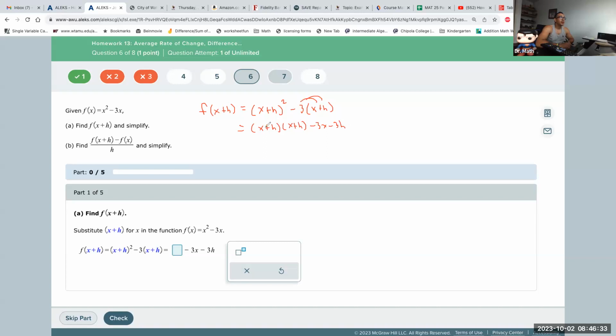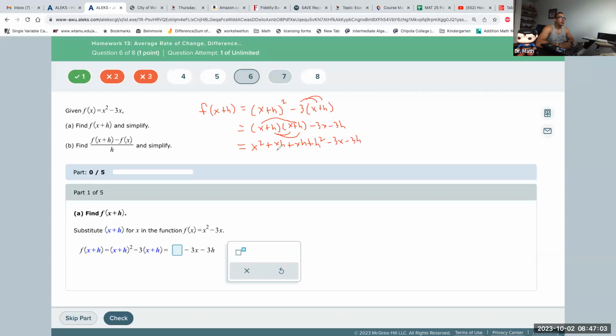So here you're going to FOIL. x times x gives me x squared. x times h gives me xh. I got another h and x, so xh. I just put them in the same order so I can combine my like terms, and then plus h squared. So when I clean this up, oops, I forgot the minus 3x minus 3h.